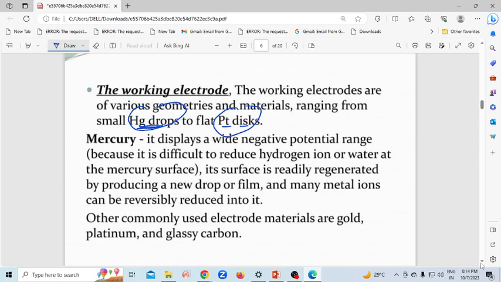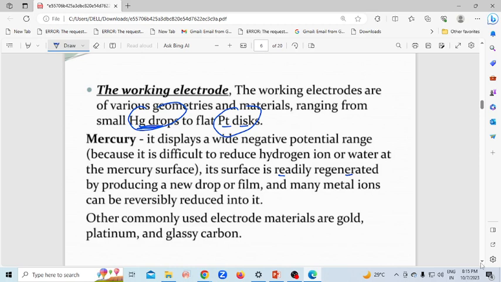Mercury displays a wide negative potential range because it is difficult to reduce hydrogen ion or water at the mercury surface. Its surface is readily regenerated. Why is it regenerating? Because it is a dropping mercury electrode. After 3 to 5 seconds, the drop falls down and a new drop is generated.